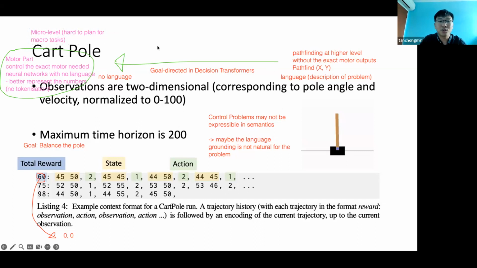And this part here is too macro level; it's hard to plan for micro tasks. So both parts have their own use cases, and both are necessary for eventually getting a robot to move from one point to another point. At least this is my view of things. Y'all can feel free to comment on this.